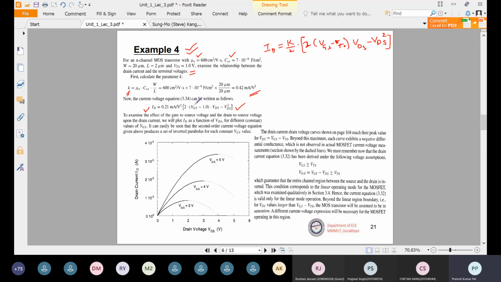We take VGS as some value, suppose VGS equals 3 volt, and vary VDS from 0 to 6, then this will be the plot. Similarly, if we take VGS equals 4 volt and vary VDS from 0 to 6, then the current will be similar to this.